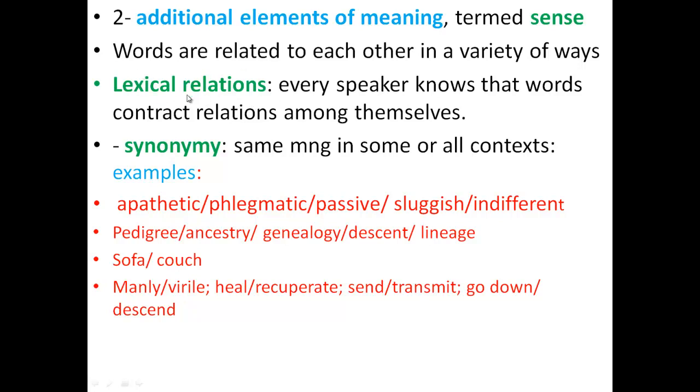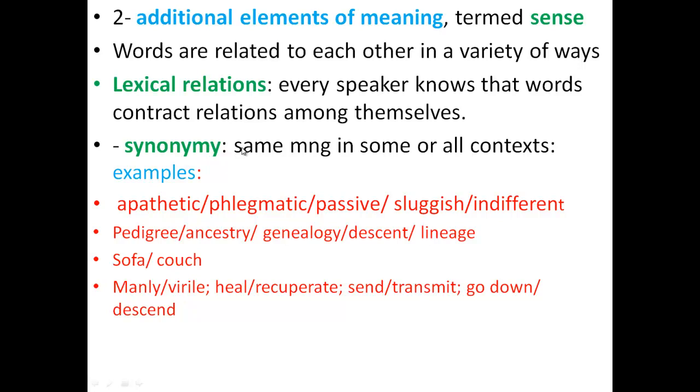Words contract relationships between them, and this is what native speakers know. Every speaker knows that words contract relations among themselves. And the first relation that we are going to explain is synonymy.